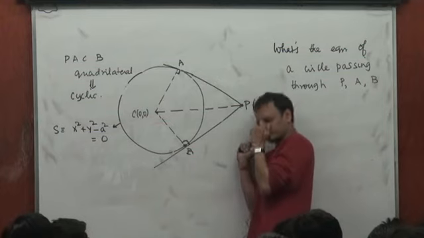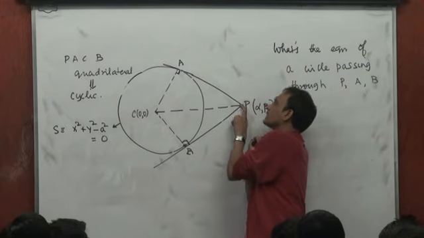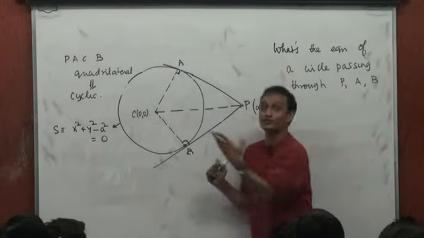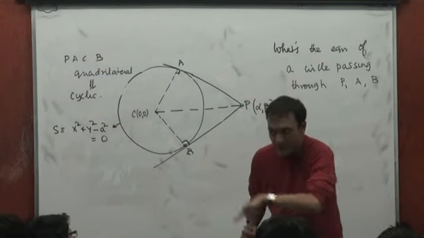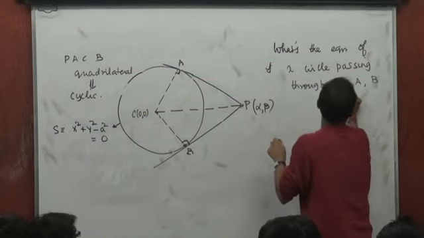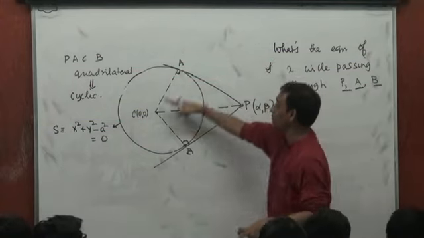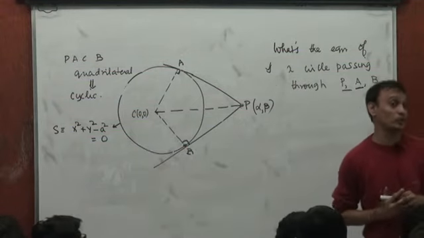Which means the circle that I'm looking at, the one that passes through P, A and B, must also pass through C. That's what it means. This is what I'm seeking, the circle passing through P, A and B. But the same circle must also pass through C because P, A, C, B are concyclic points.